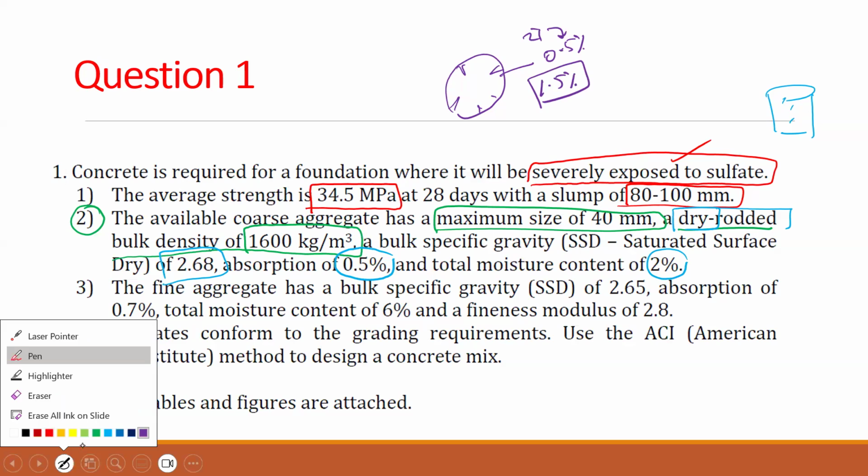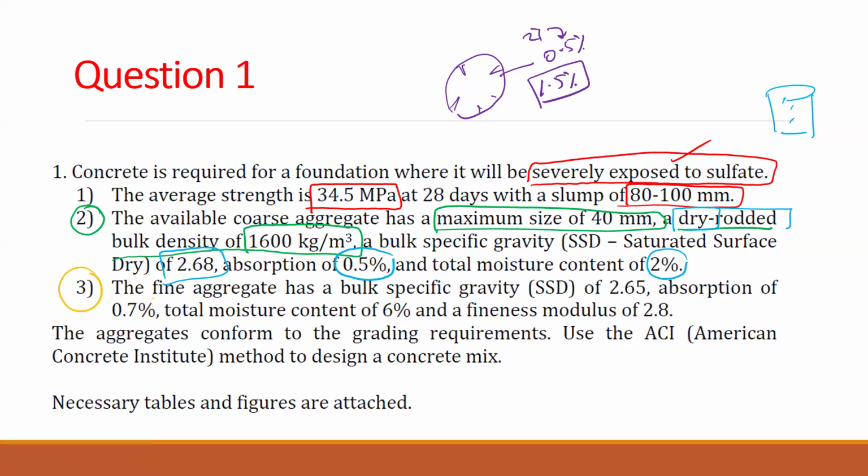Next part. It is related to the fine aggregates. The fine aggregate has a bulk specific gravity of 2.65. Absorption is 0.7% and the total moisture content is 6%. That means out of this 6%, 0.7% is absorbed and 5.3% can contribute to the hydration process. Does that make sense? Okay. And here it says fineness modulus.